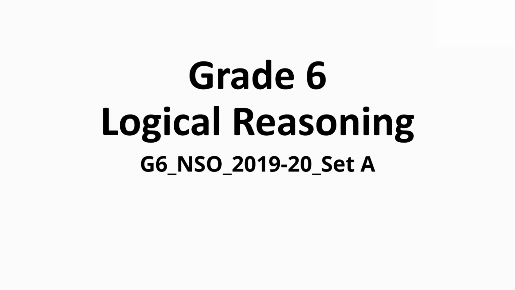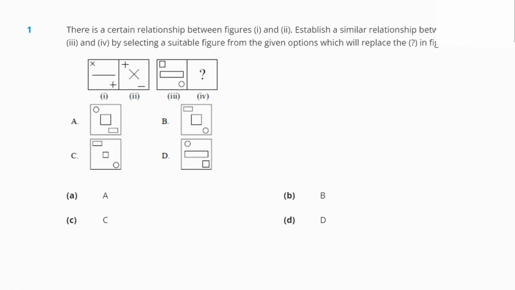Grade 6 Science, Logical Reasoning, NSO 2019-20 Set A. Question number 1. In a certain relationship between figures 1 and 2, establish a similar relationship between figures 3 and 4 by selecting a suitable figure from the given options which will replace the question mark in figure 4.